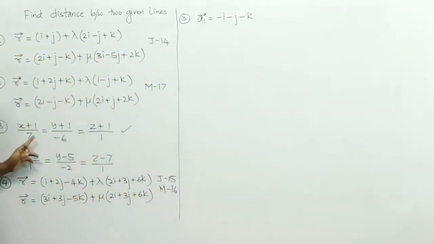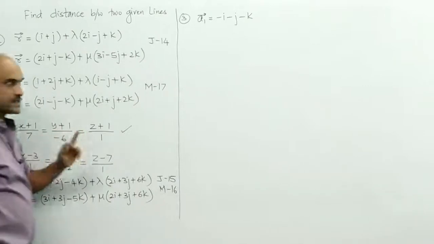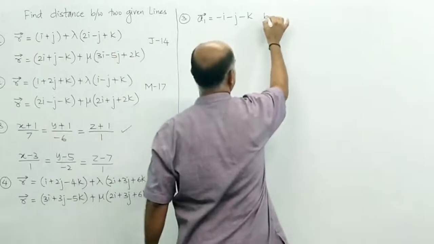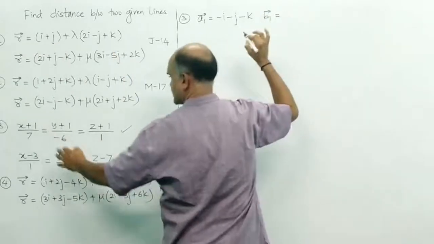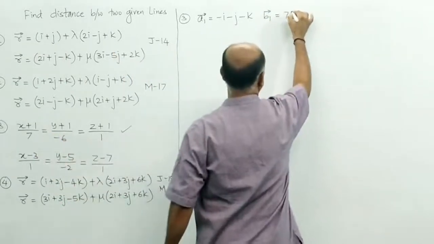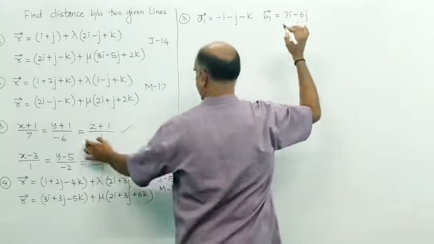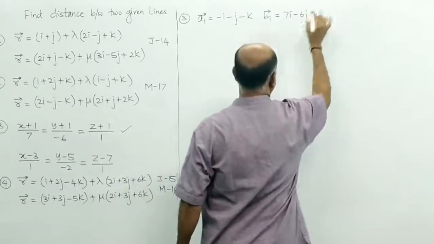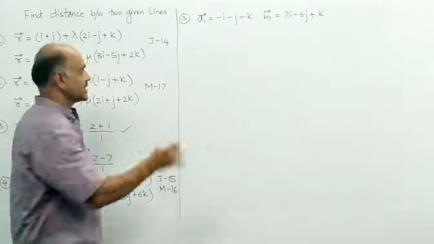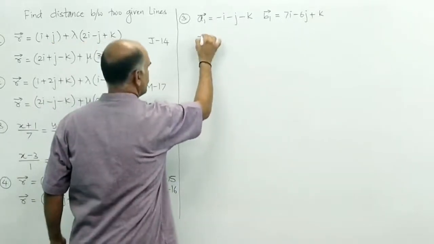And the denominator of this first line denotes vector B, that is a, b, c. So b1 is 7i minus 6j plus k. Clear, students?